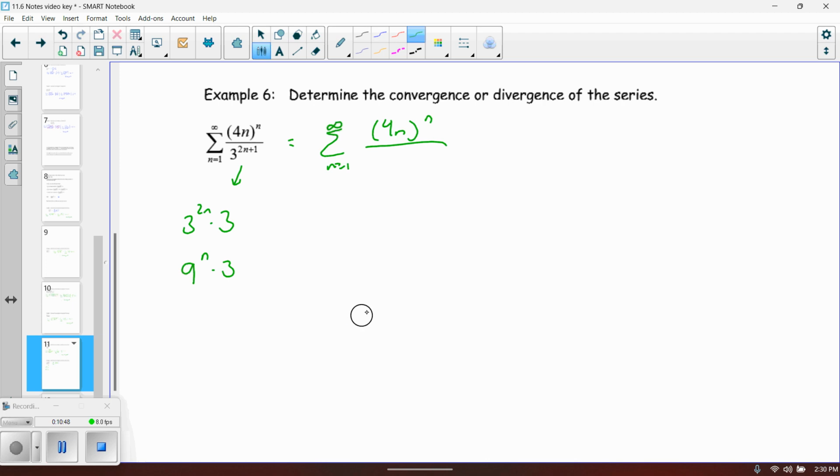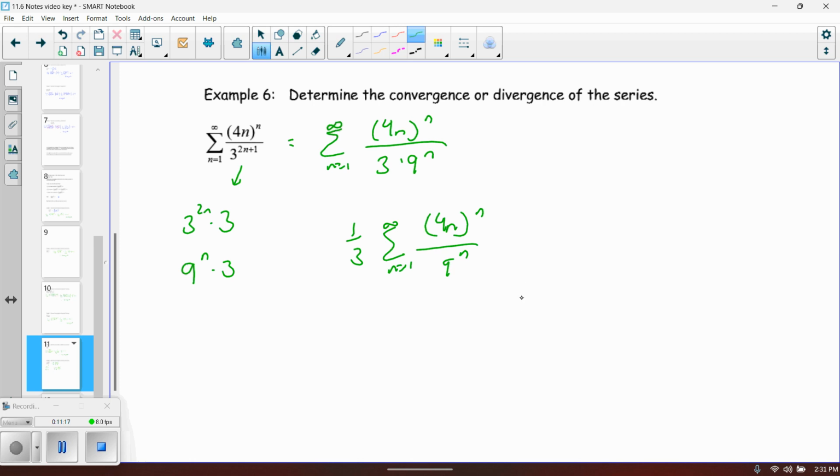So really what I'm going to get here is a 3 times 9 to the n out of that. And then I can actually pull that 3 out to the front because it's not being raised to the n power, it's just a constant. So what we get is 1/3 of the sum, as n goes from 1 to infinity, of 4n to the n over 9 to the n.